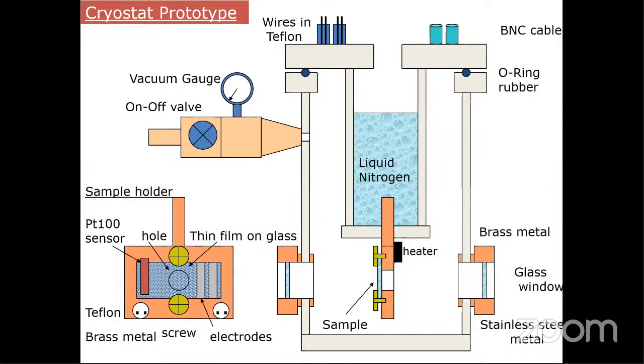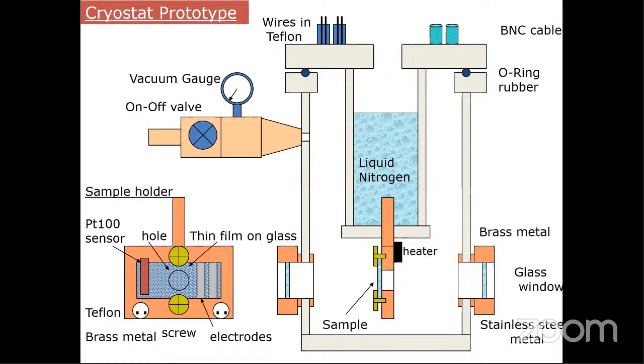The actual thing is that all the environmental or experimental conditions should be the same for different types of measurements. For that purpose we have made this: here we can go down to liquid nitrogen temperature, and if you want to go above room temperature, we have kept a heater below the thin film, or substrate you can say.